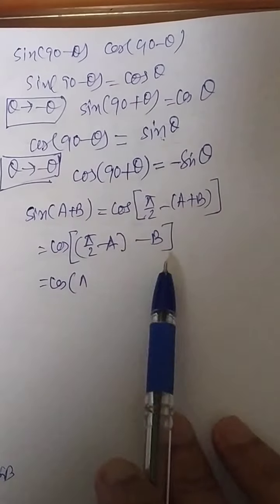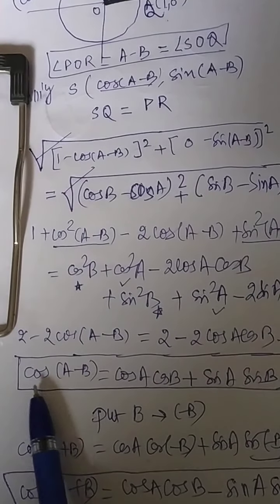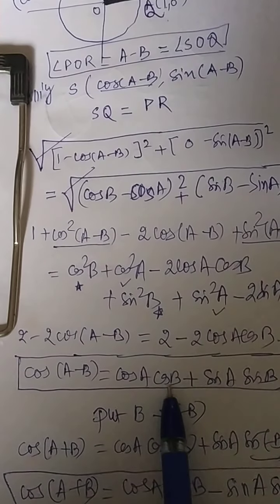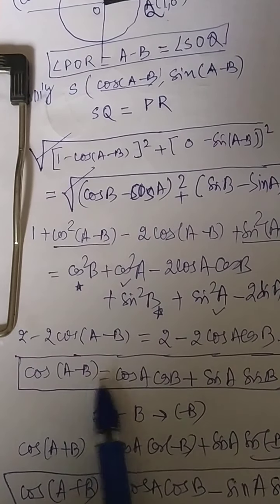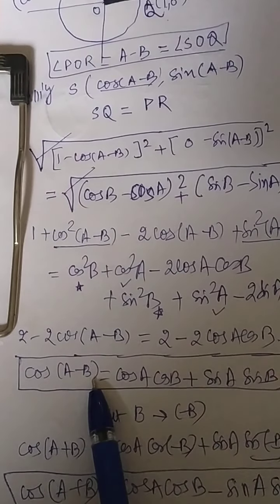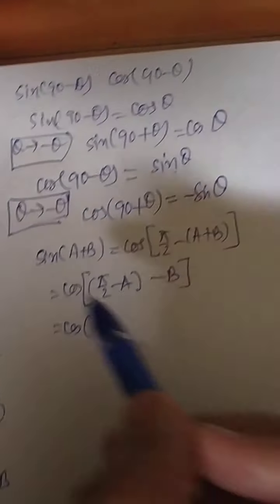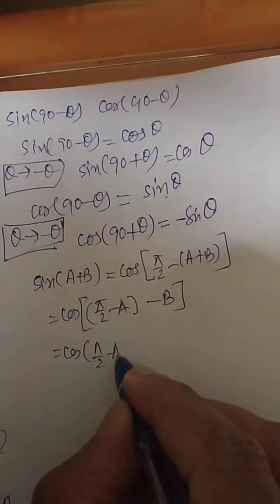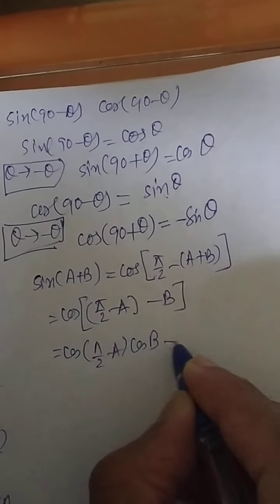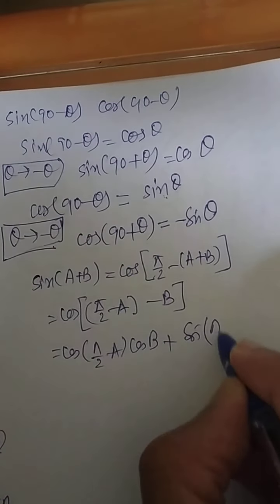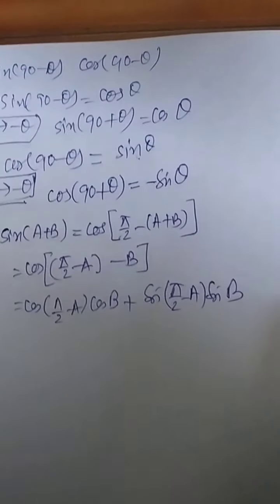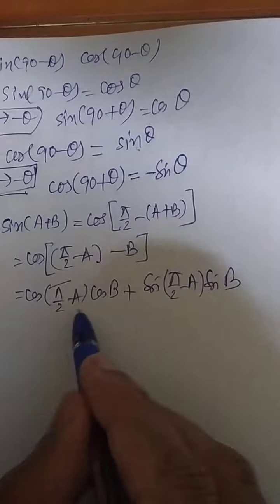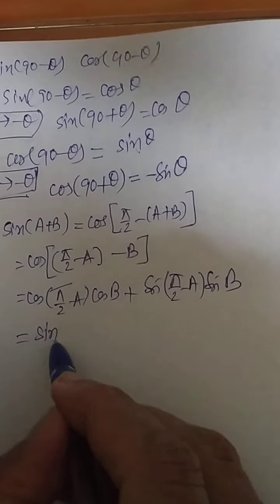Now to simplify further, I am just trying to use this. Cos of a minus b will be equal to cos a cos b plus sin a sin b: cos of the first angle, cos of the second angle, plus sin of the first angle, sin of the second angle. Now cos of 90 minus theta will be sin theta.